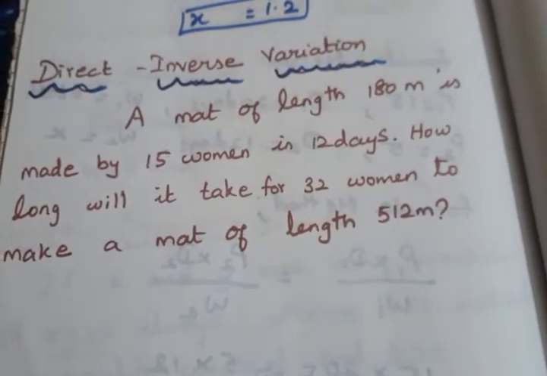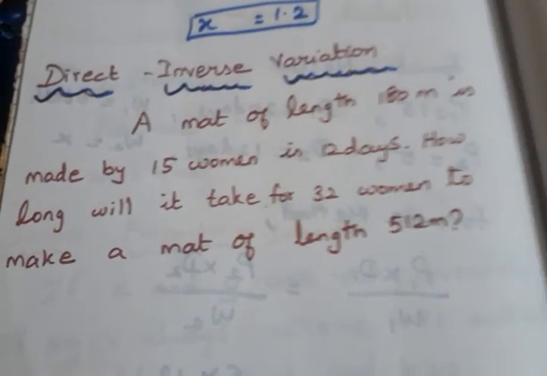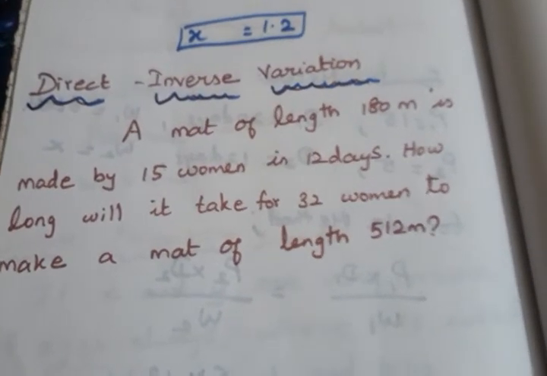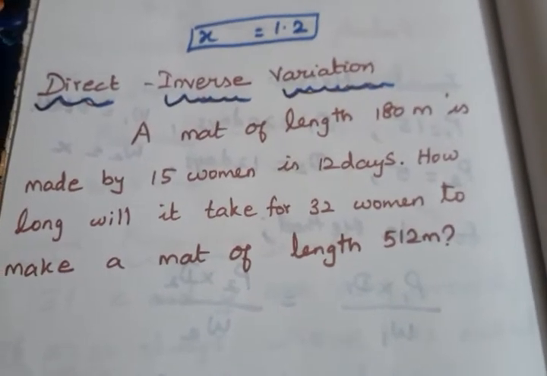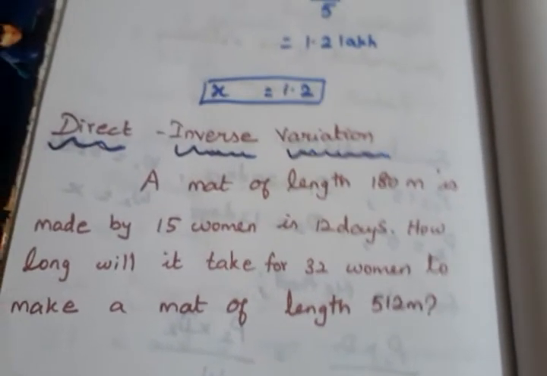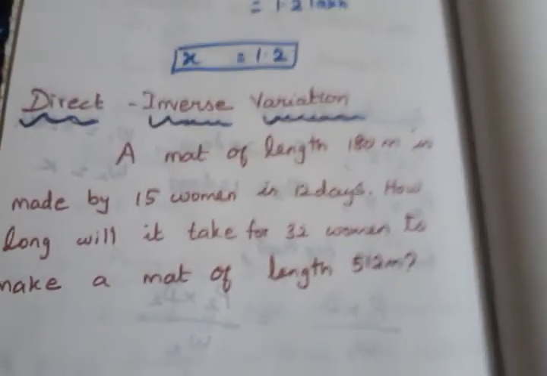So inverse proportion, if xy is equal to k, where k is called the proportionality constant, that is called inverse variation. So direct variation is y equal to kx. Inverse variation is xy equal to k. So moving to the sum, the solution.